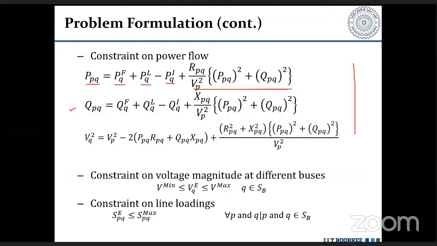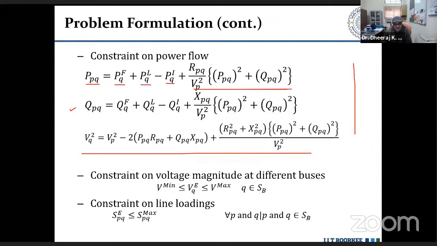This is for reactive power, and this is the voltage relation between bus number P and Q. And now we have the voltage magnitude limit, that voltage at different buses should be within their specified limits. The power flow, current flow, or we can say MVA flow, should be within restricted capacity.